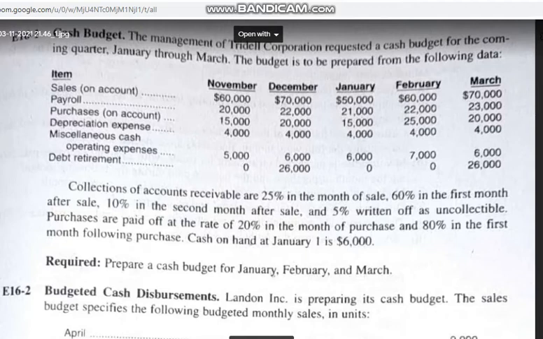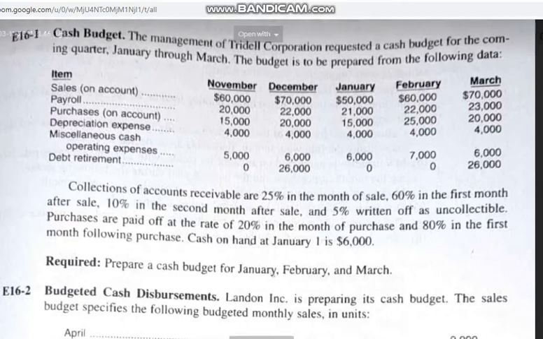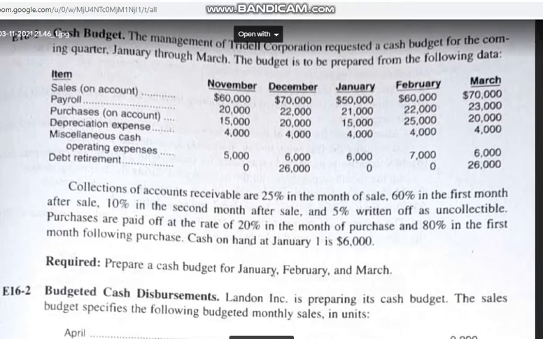Depreciation expense is not a cash disbursement. Actually, this is only a paper expense. So miscellaneous cash expense, you need to take note of this one. Debt retirement is different since this does not involve cash. So in terms of cash expenses, we're only talking about miscellaneous cash operating expenses and payroll.